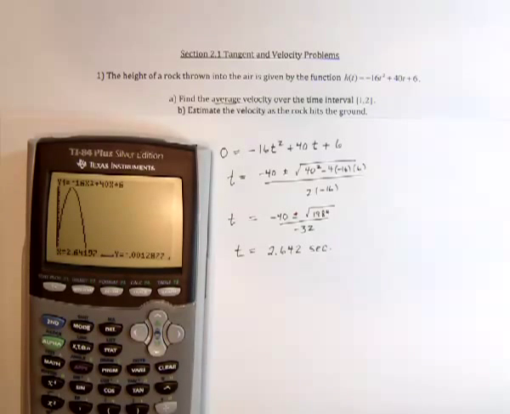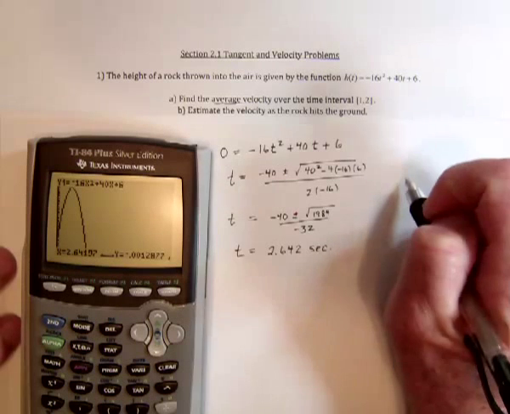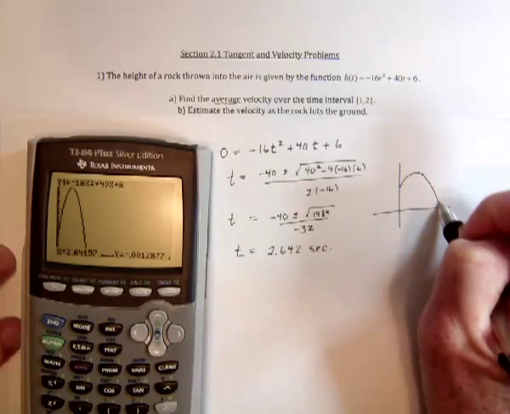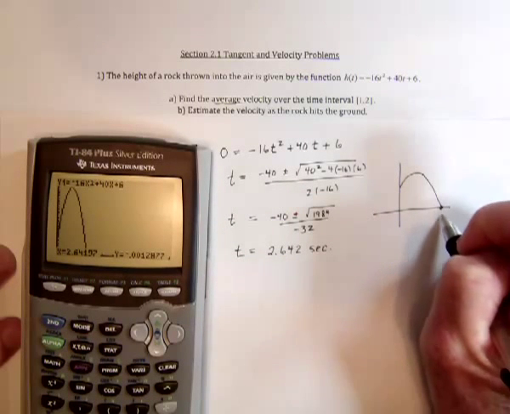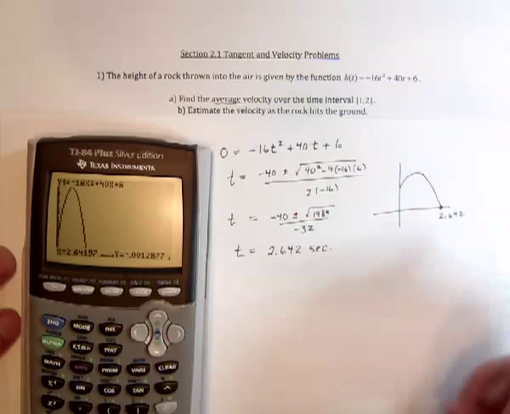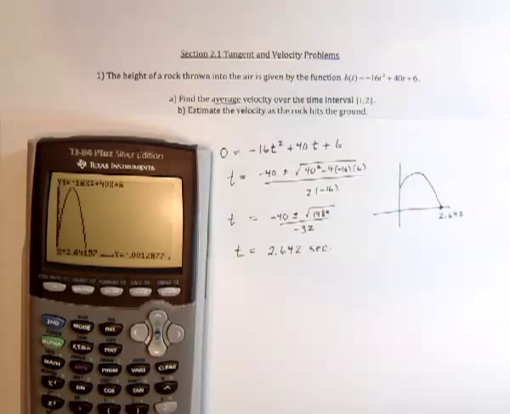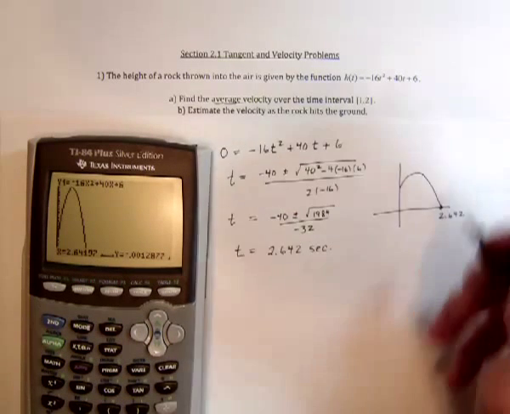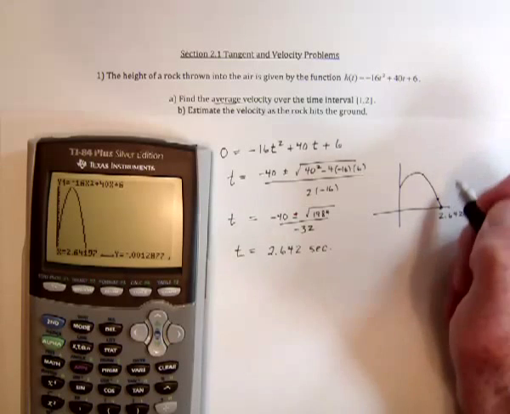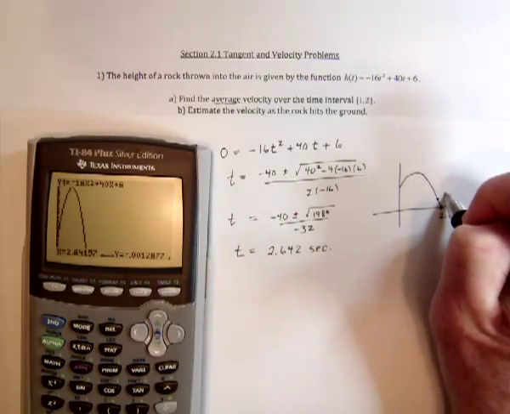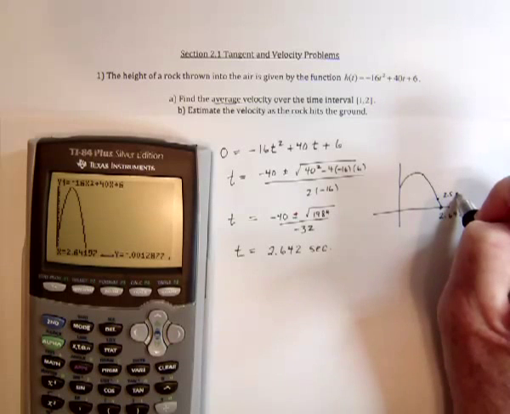So the next thing to do is, instead of using the interval from 1 to 2 like the first part, we've got so far only one number to use, 2.642. But the question is asking, estimate the velocity just as the rock hits the ground. So in the moment before it hits the ground, we could say go back, let's say 0.1 of a second, to when it was 2.5 seconds.